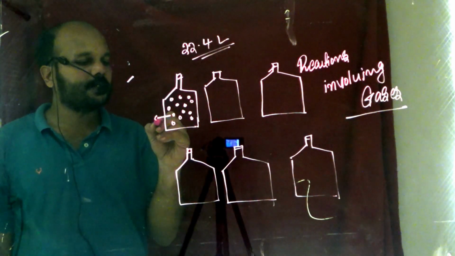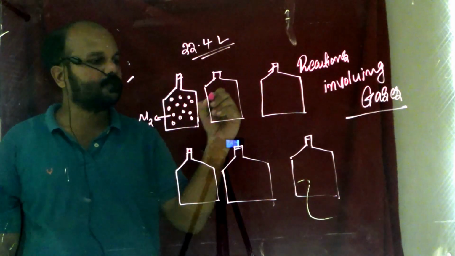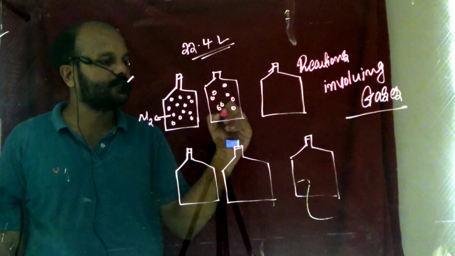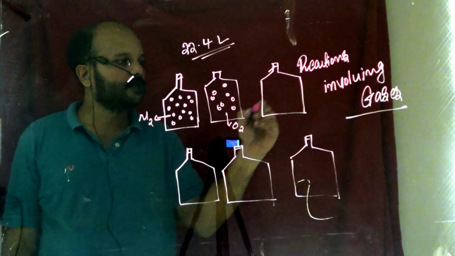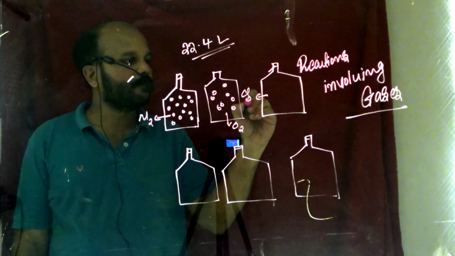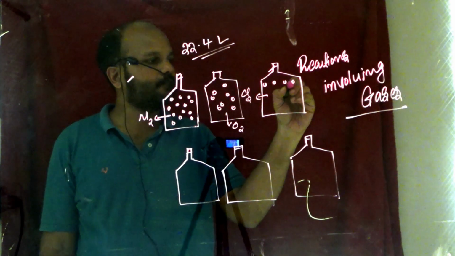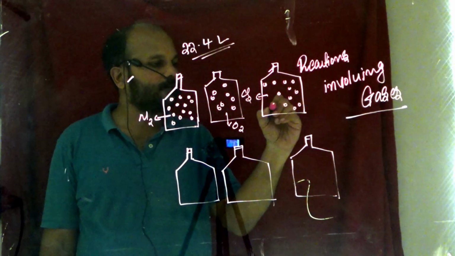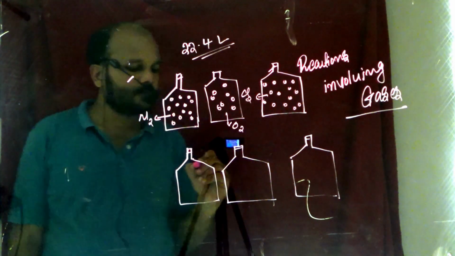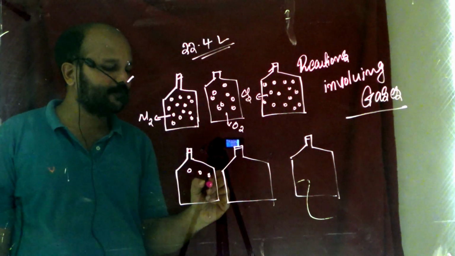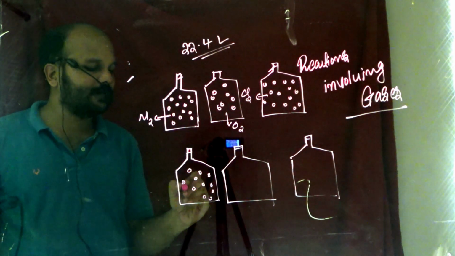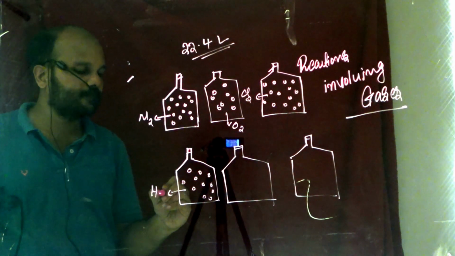Let this gas be nitrogen. Here it is oxygen gas. Here it is chlorine. This is going to be helium.